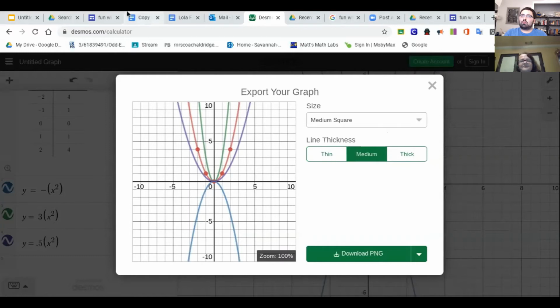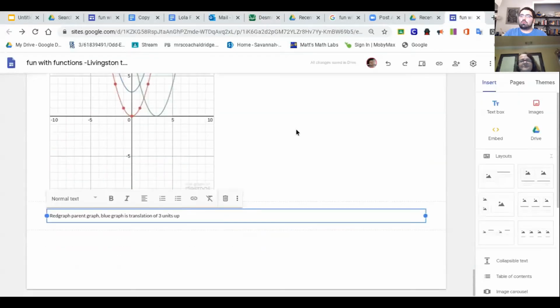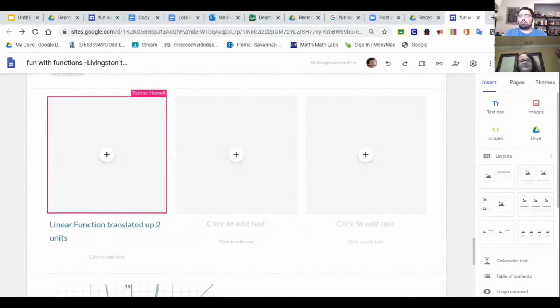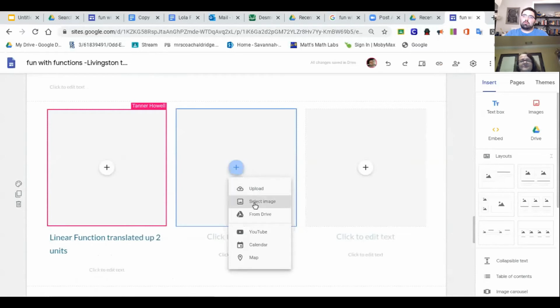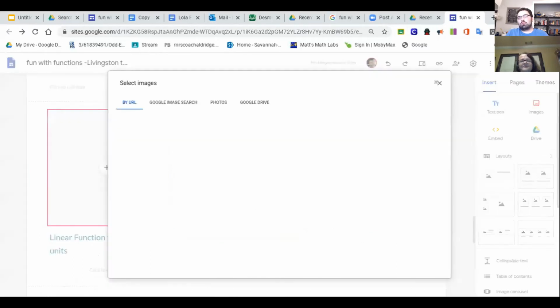And then you could get back to your functions, right? Maybe I'll put it up here. And select the image. I think we can do that. I guess not. Let me see.